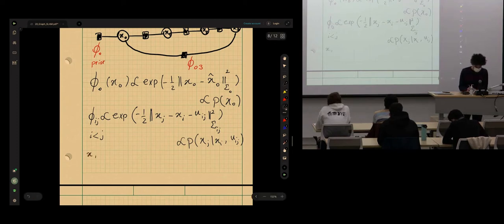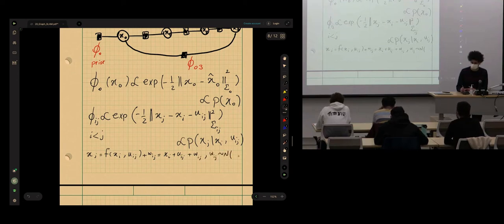So my xj equals f of xi and uij plus some noise, and the noise is distributed according to a zero mean white Gaussian noise with covariance sigma ij.